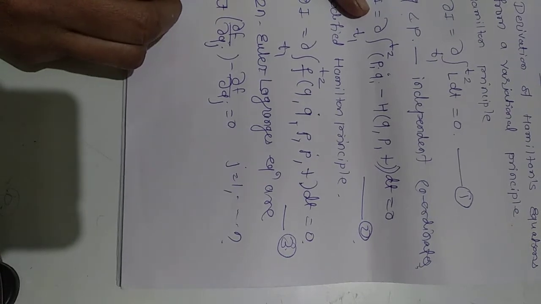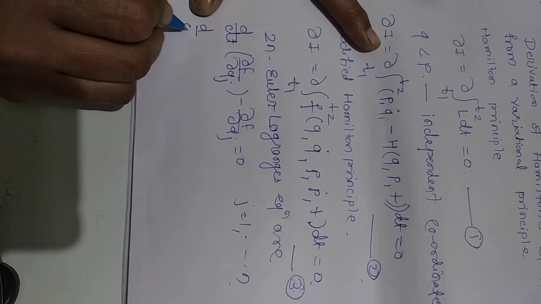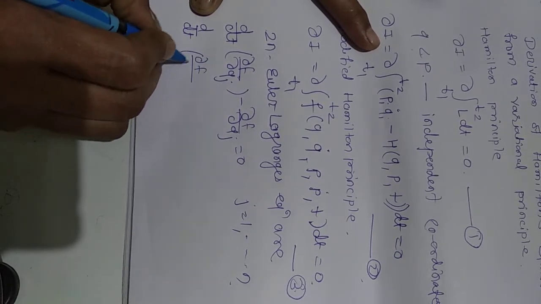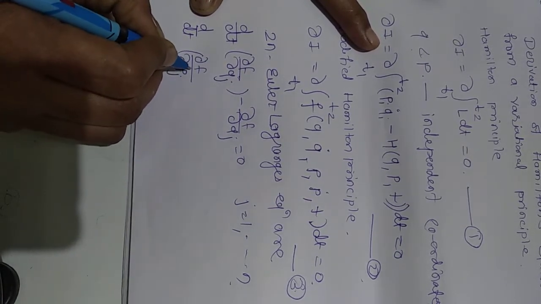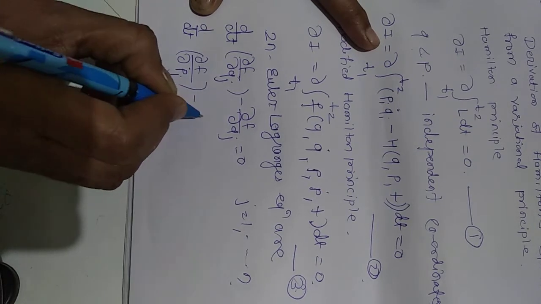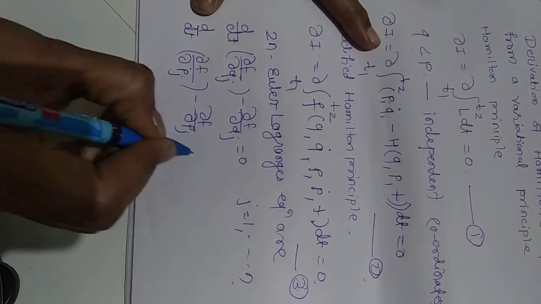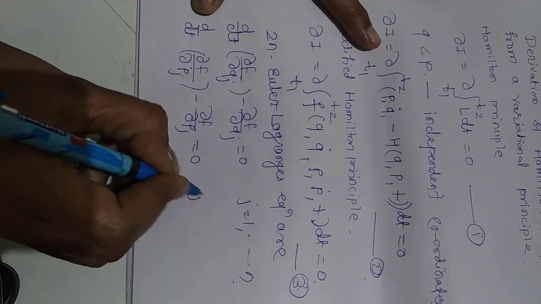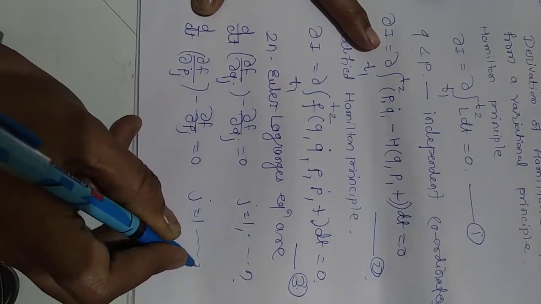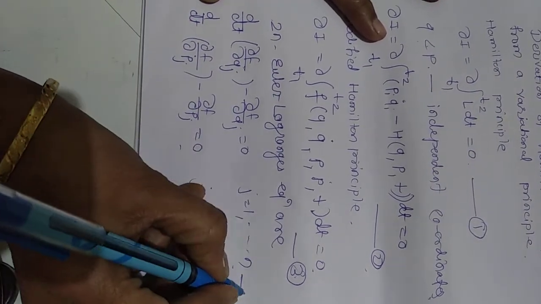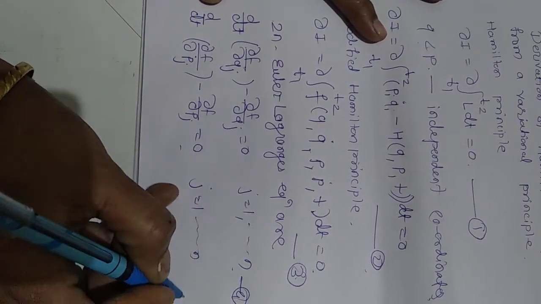And second, d upon dt into del f upon del pj dot minus del f upon del pj is equal to 0, where j is equal to 1 to n. That is equation number 4, that is 5.